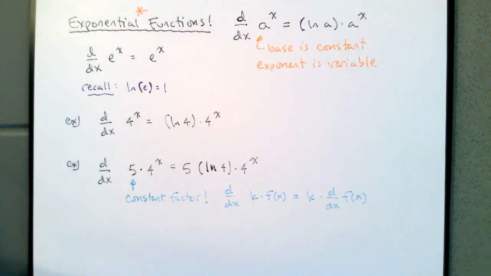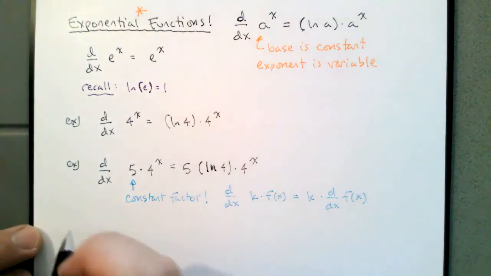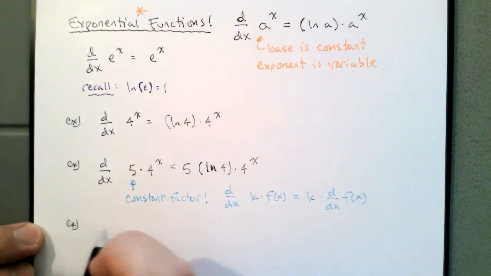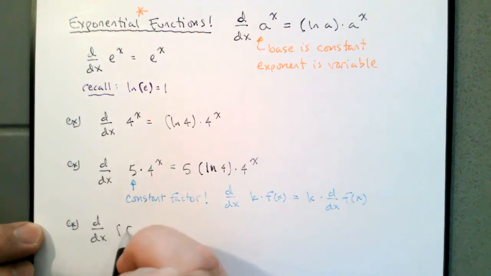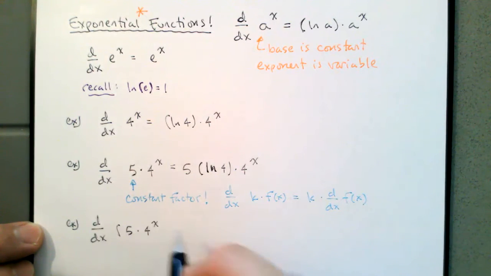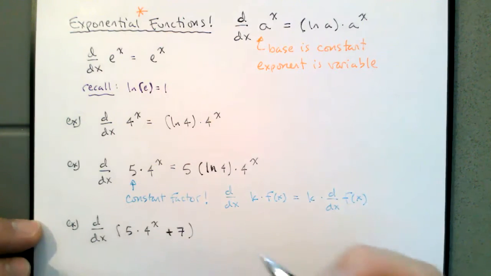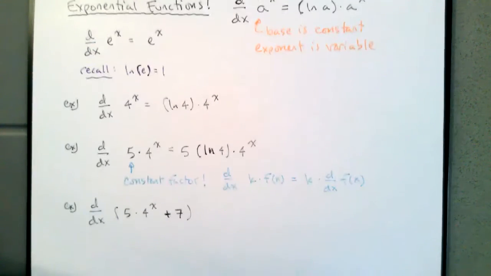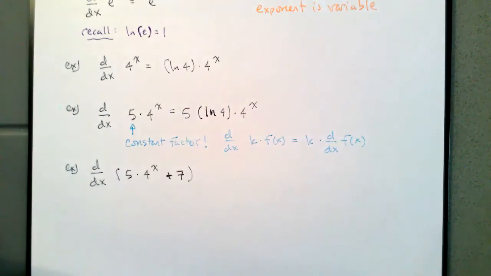The derivative of a constant term is equal to 0. So if my function is, say, 5 times 4 to the x plus 7, this 7 is a constant term.